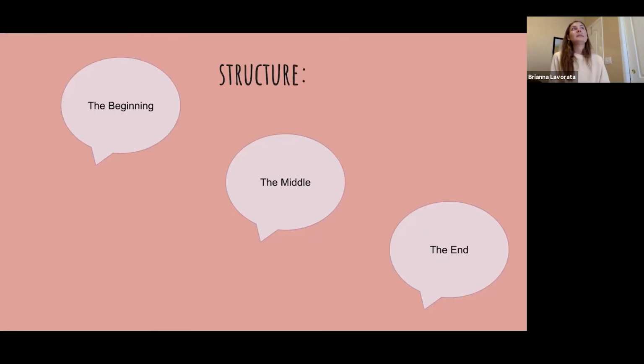In the beginning, there's lots of introducing the main characters in a story. There's lots of introducing maybe a little bit of a conflict that's going to be happening in the story, and the setting of a story, where the story is taking place. So those who, what, where, when, why questions are all normally answered in the beginning of the story.